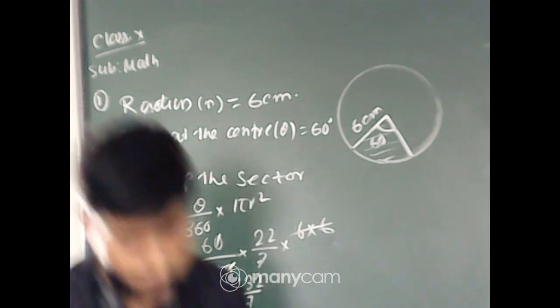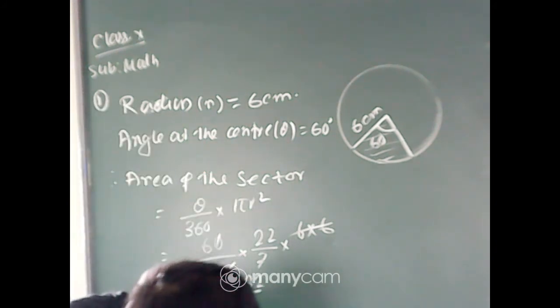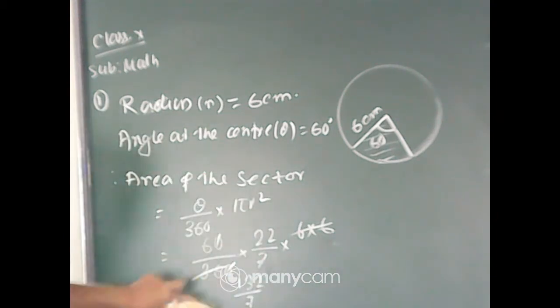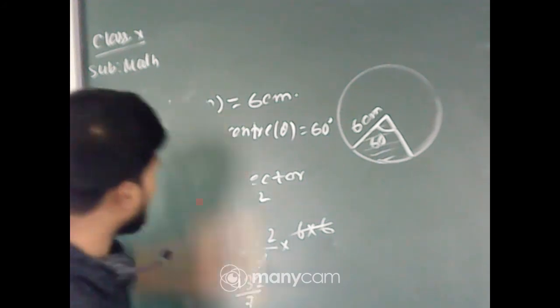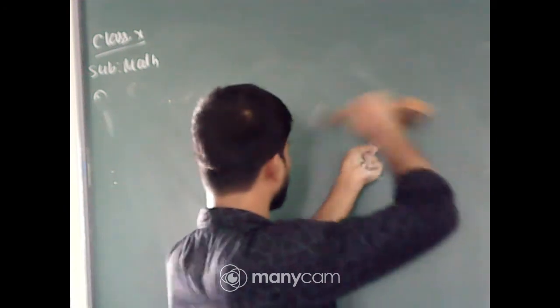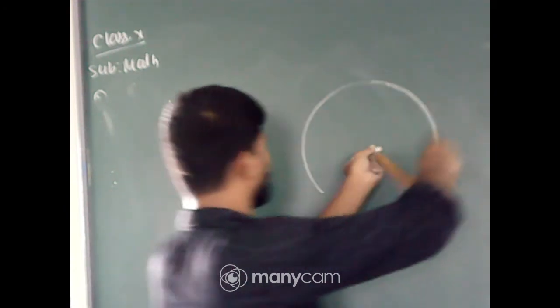Now can we move to the next question? The next question is: find the area of the quadrant of the circle whose circumference is equal to 22. So we have to find the area of the quadrant whose circumference is equal to 22 centimeter. This is our circle, the whole circle.